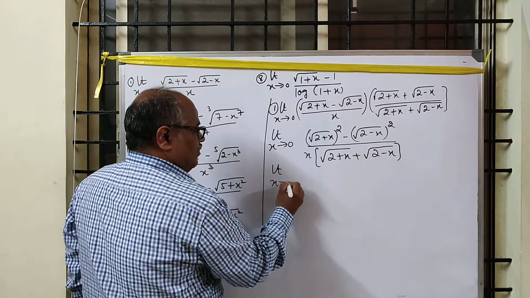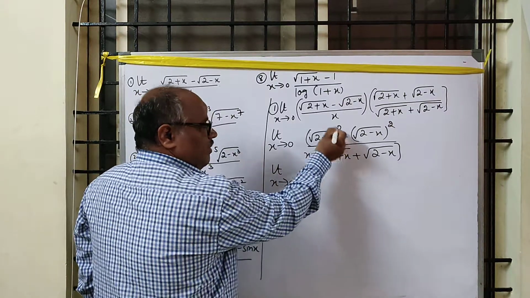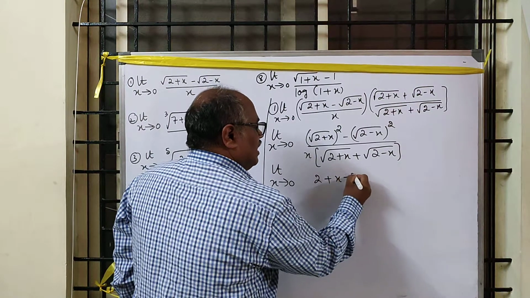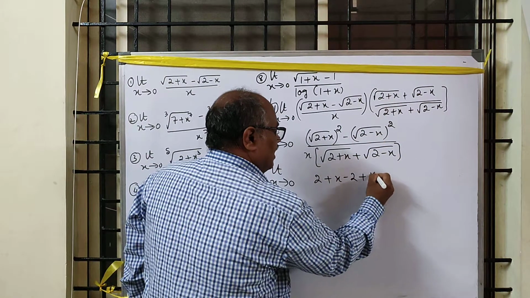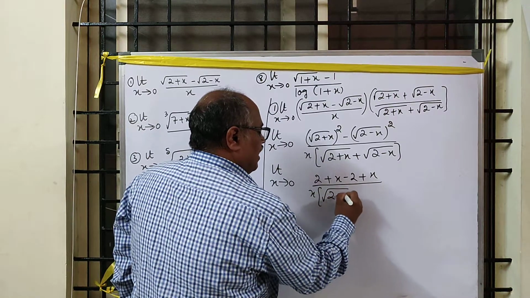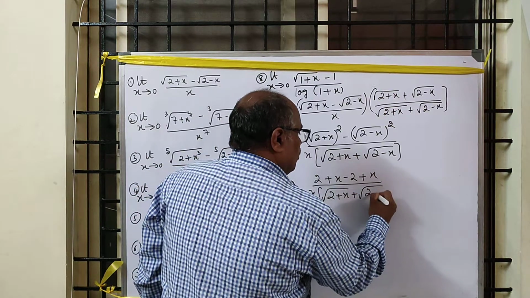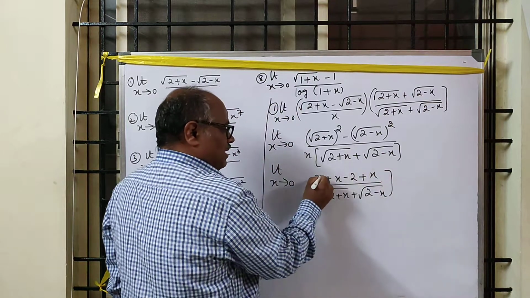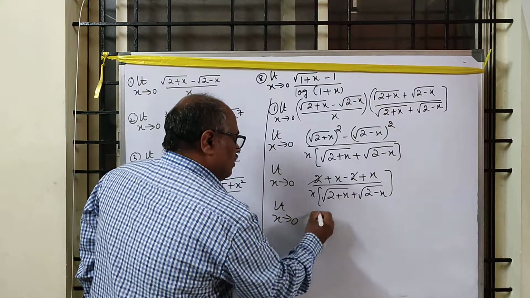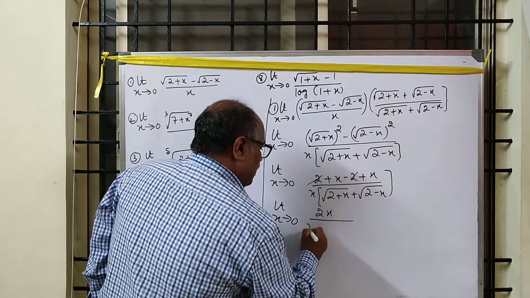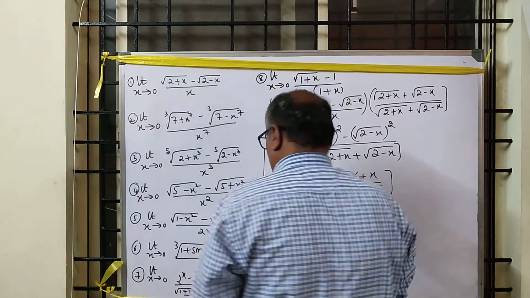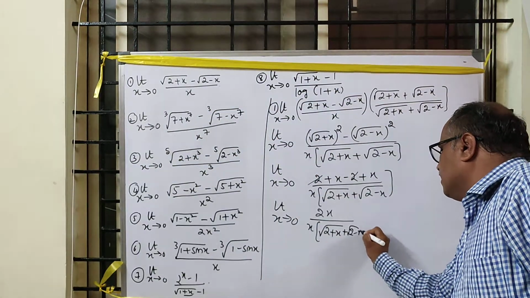The squares and square roots are eliminated, and we get 2 plus x minus 2 plus x, divided by x times (square root of 2 plus x plus square root of 2 minus x). Plus 2 and minus 2 get cancelled, so we get limit x tends to 0, 2x divided by x times (square root of 2 plus x plus square root of 2 minus x).